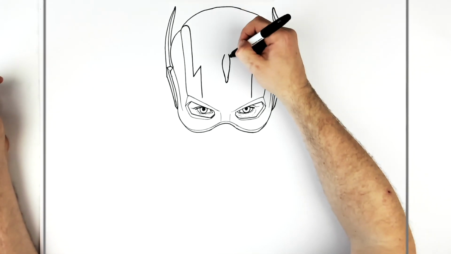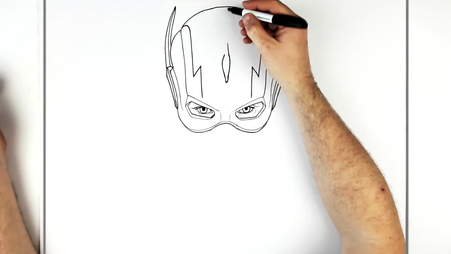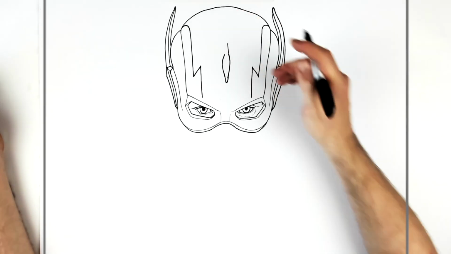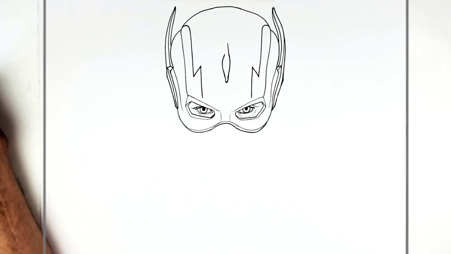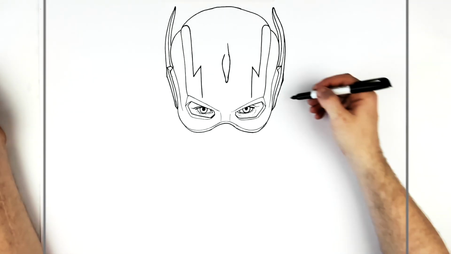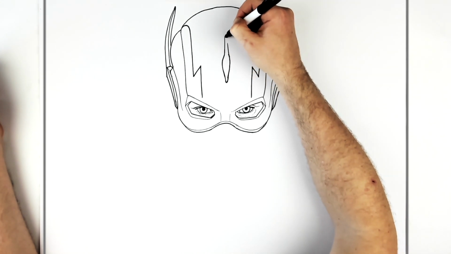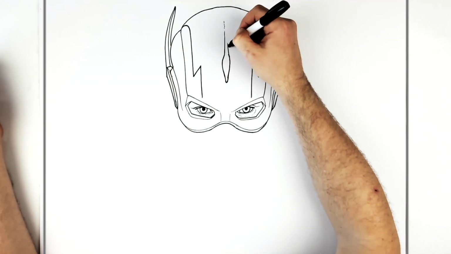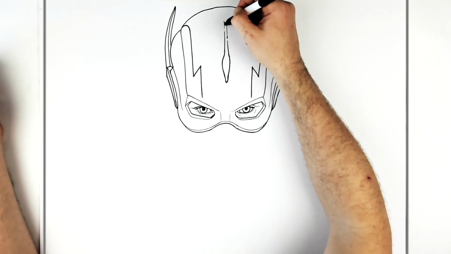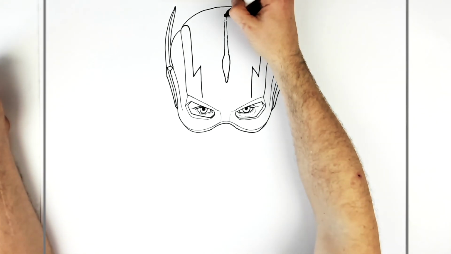And then it sort of runs up his head. I don't know if it goes the whole way back or it stops because I can't really make it out. Well, I'll pretend like it fades out, right? Like going that way. Maybe it goes the whole way behind his head, I'm not sure. So we'll just like fade it.